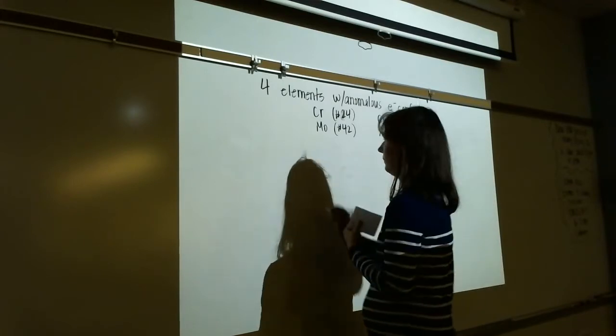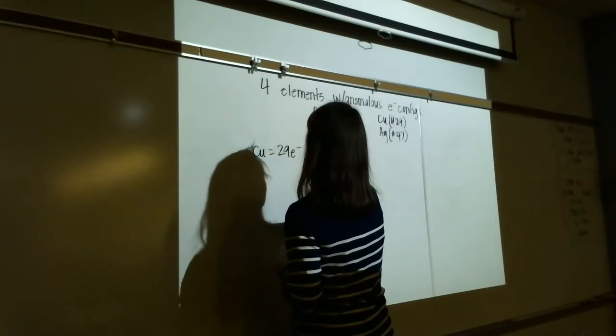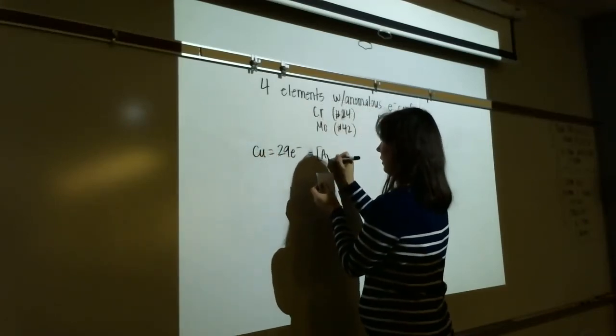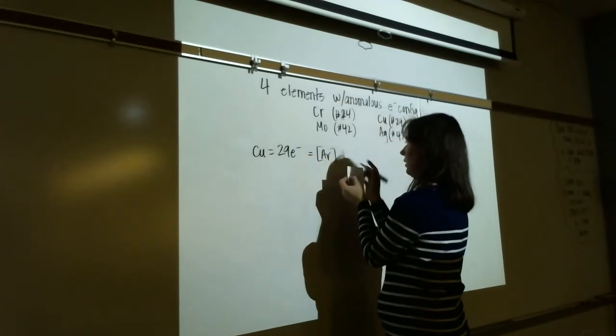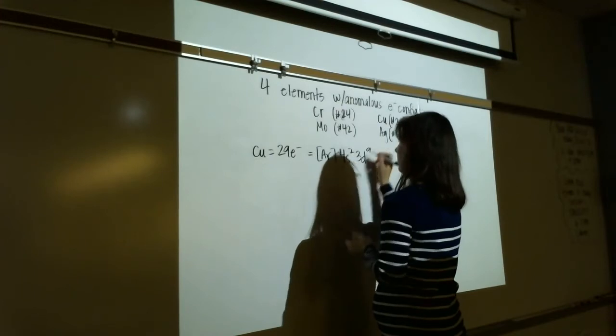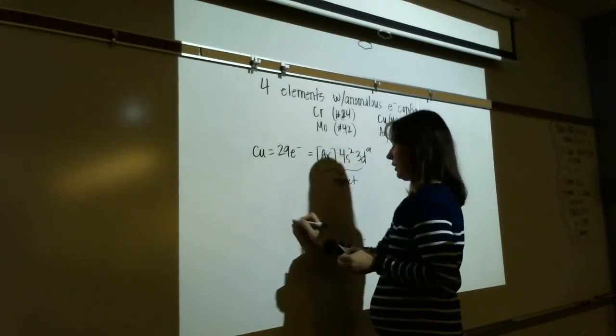So here's copper. Cu is 29 electrons. So what you expect would be argon, then what? 4s2, 3d9, right? That's what you expect, which corresponds to this.